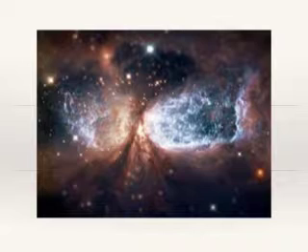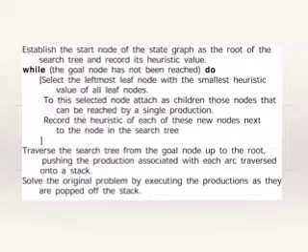Based on this principle, we present the algorithm in this figure for developing a search tree and executing the solution obtained. Establish the start node of the state graph as the root of the search tree and record its heuristic value.